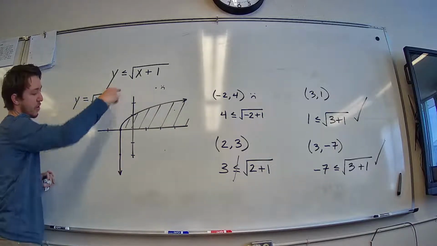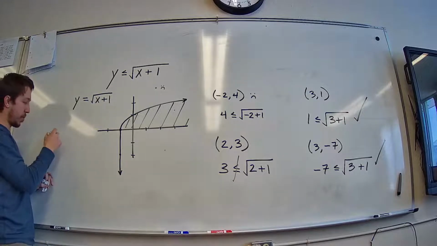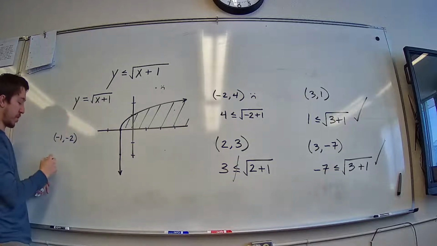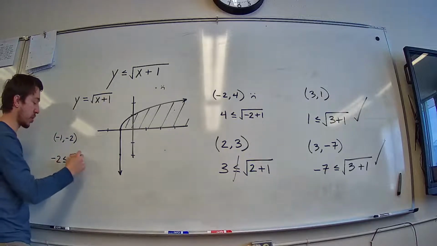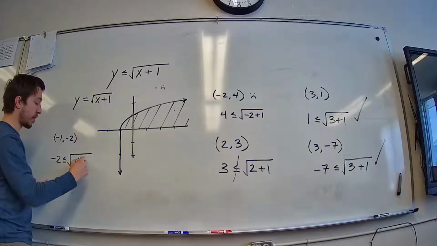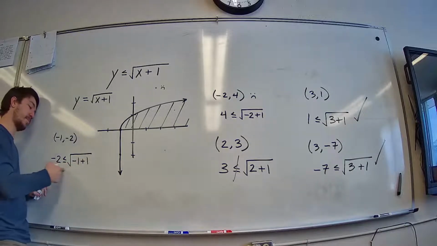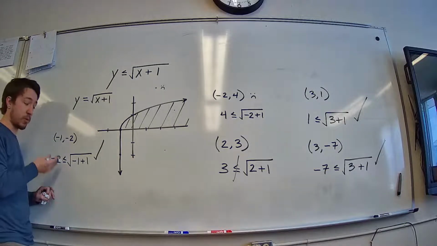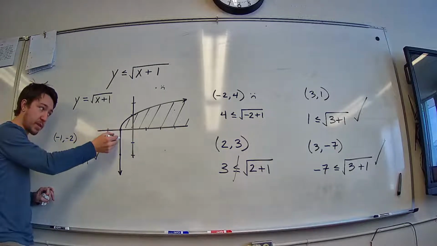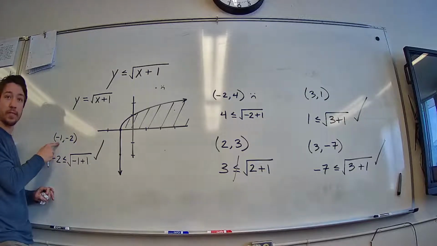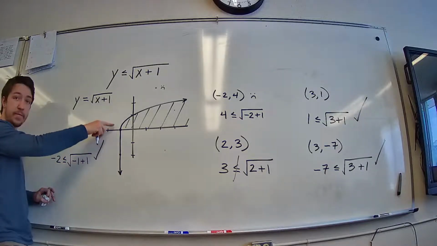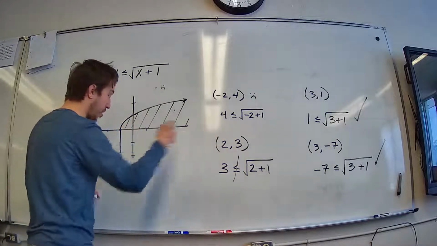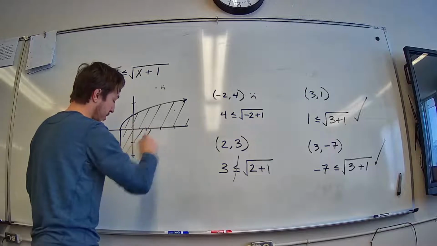Does the point -1, -2 satisfy this equation? True or false? -2 is less than or equal to the square root of -1 plus 1. True. Make sense? So any point that lives on this vertical line, any point that has an x value of -1 and a negative y value, is going to work out for us. And like we just showed earlier, all of these points also are going to work.